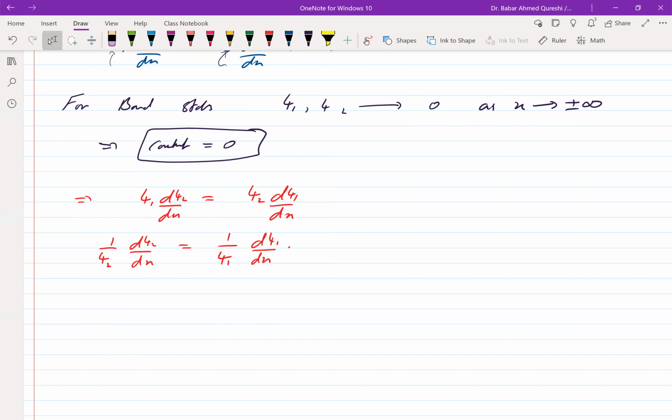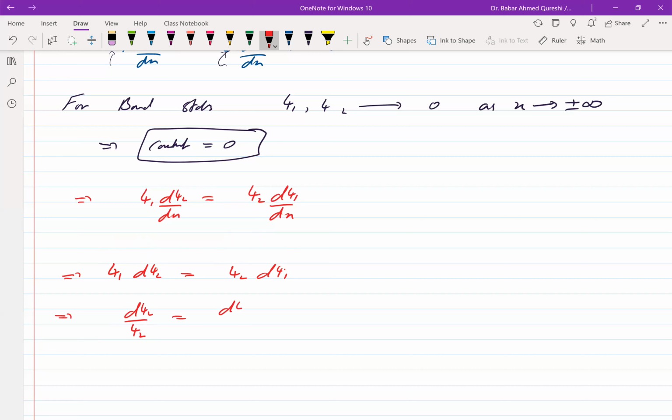From here I can conclude psi 1 d psi 2 is psi 2 d psi 1, and that gives me d psi 2 over psi 2 is equal to d psi 1 over psi 1.